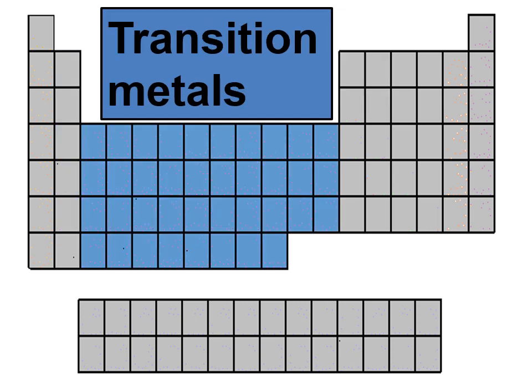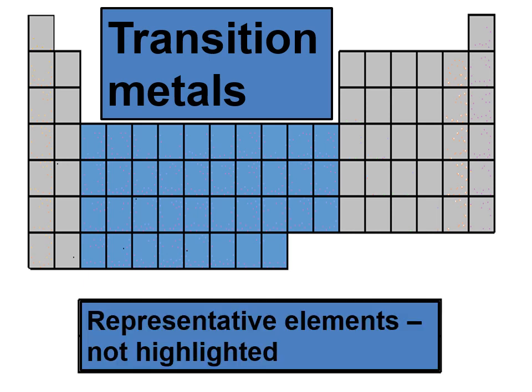Next. Okay. Yung lahat ng blue vertical columns na yan are what we call as transition elements or transition metals. Yes, class. Sila ay mga metal. Or this is known as representative elements.